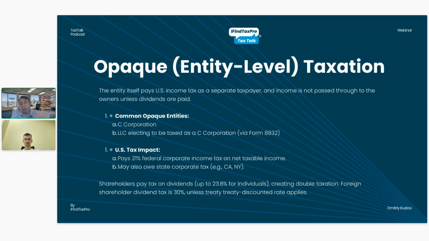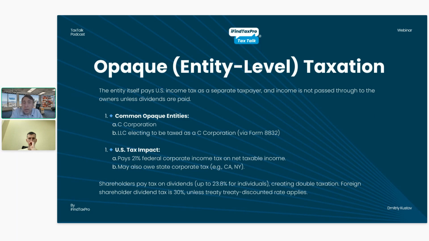So it's the standard tax, 21%. You pay the tax. You may also owe state income tax if you operate in a particular state, or if you sell into that state amounts that are large enough to be taxed there. We call it nexus. We're going to talk about it later.